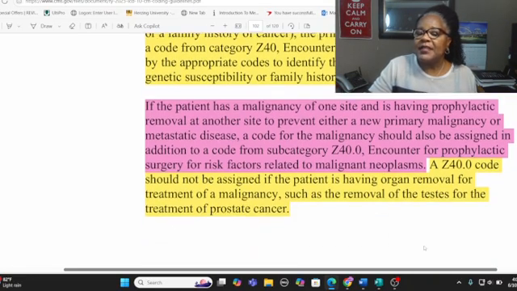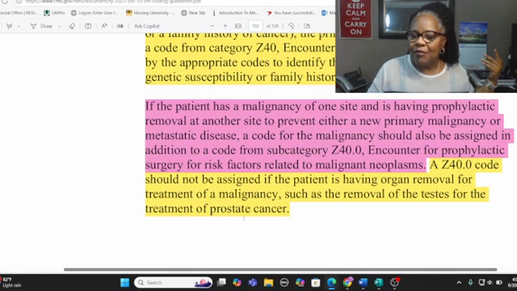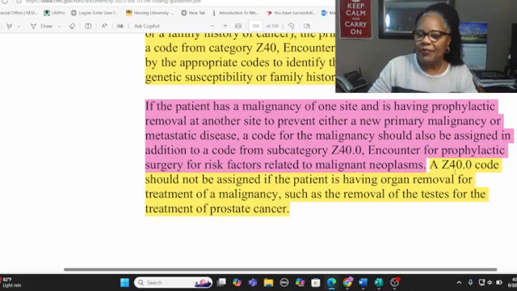Now notice it says a Z40.0 code should not be assigned if the patient is having organ removal for treatment of a malignancy, such as the removal of the testes for the treatment of prostatic cancer. In that case, we're going to code malignancy of the prostate, not the Z40 code.